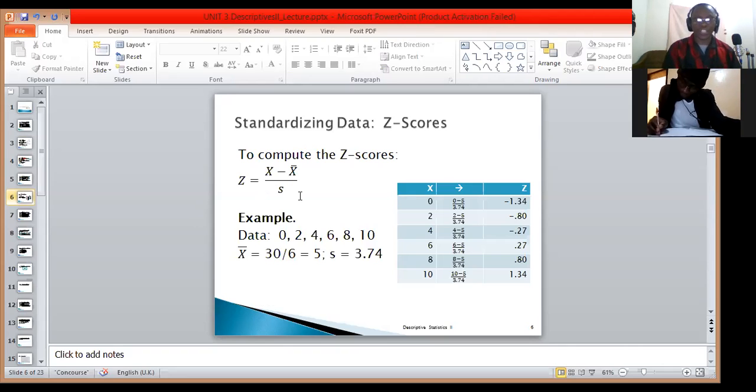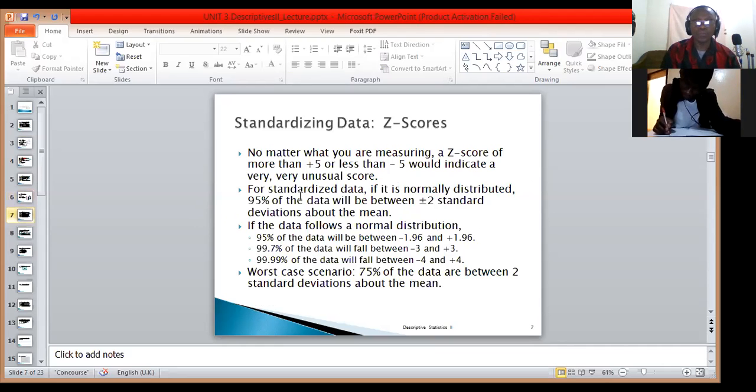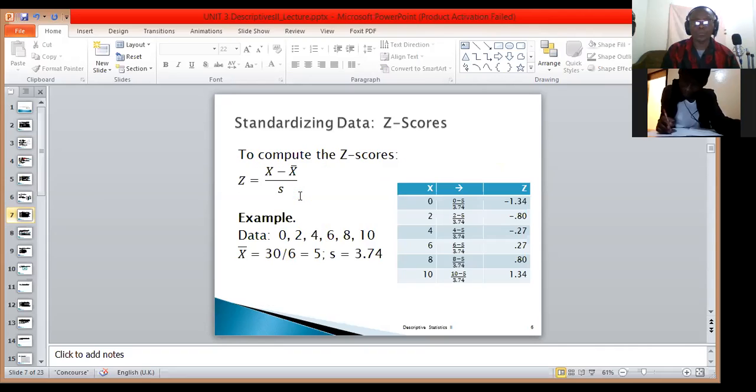Here, S stands for the sample standard deviation.